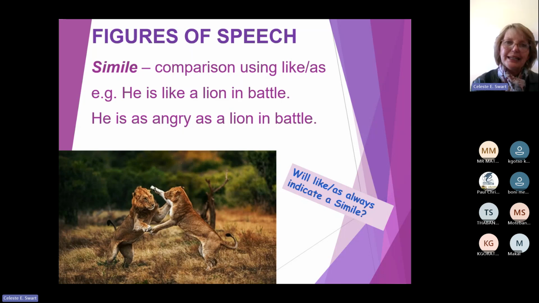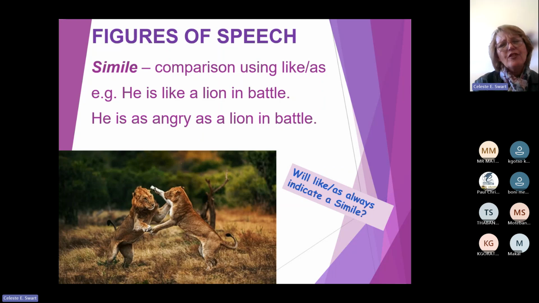We look at a simile. A simile is a comparison using like or as. We say, he is like a lion in battle. And there we are comparing someone who's angry, fighting, to a lion that is fighting with another lion. Or, he is as angry as a lion in battle.